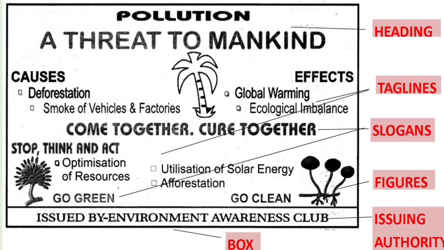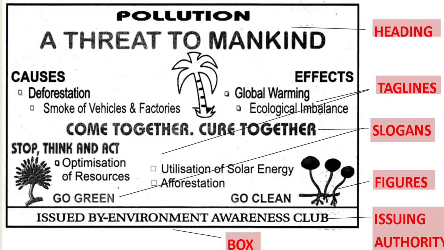And next one is the tagline. What are these taglines? Different captions, different subtitles, and details. Details or subtitles are called taglines. So in this case we have taglines like effects, global warming, ecological imbalance, causes, deforestation. These are all taglines.